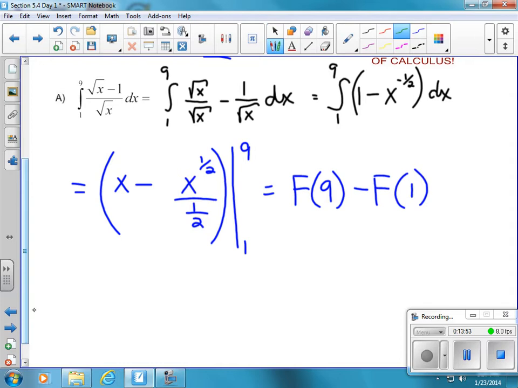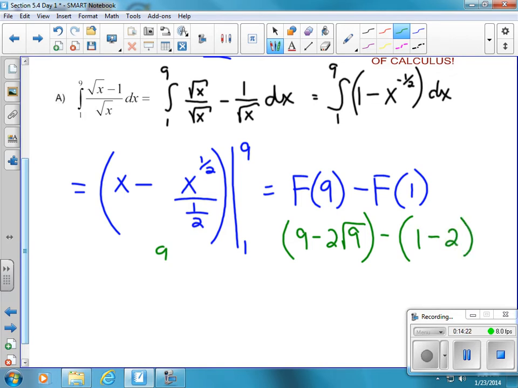All right, so all we do is take 9 and plug it into this function. We get 9 minus square root of 9 over 1/2, which is like multiplying by 2, so 2 square roots of 9. And then the antiderivative, when you plug in a 1, you get 1 minus 1 over 1/2, which is just a 2.